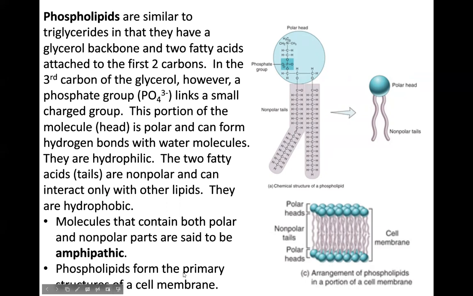We're going to talk a lot more about phospholipids in our next lecture and their role in forming what we call the plasma or cell membrane, the outer boundary of a cell.